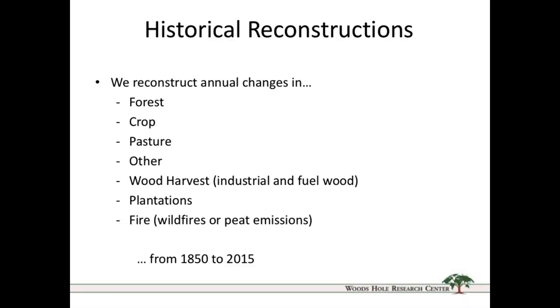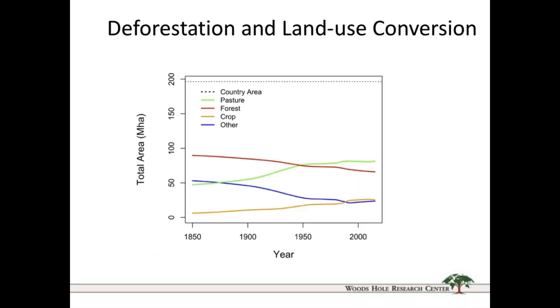We want to consider wood harvest, both industrial wood and fuel wood. Think about plantations, tree plantations, and then consider fire, and whether peat emissions are involved with fire, wildfires, or management. So those are the kinds of land uses we're trying to consider annually.